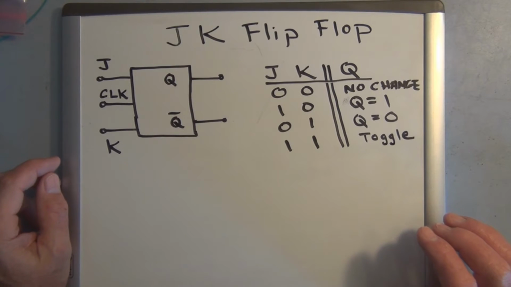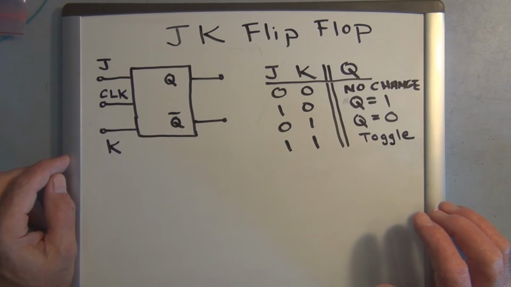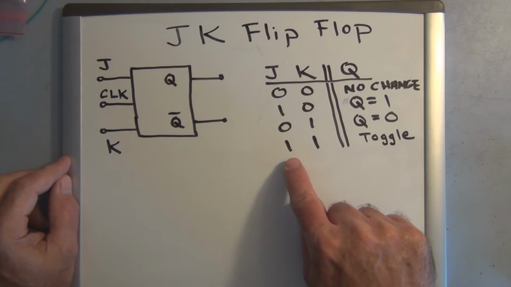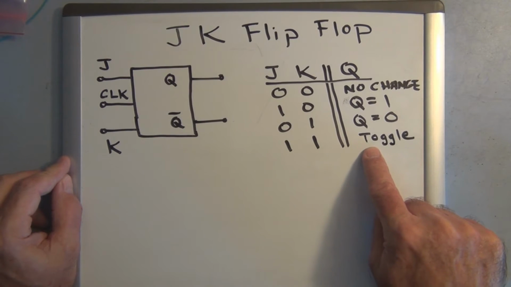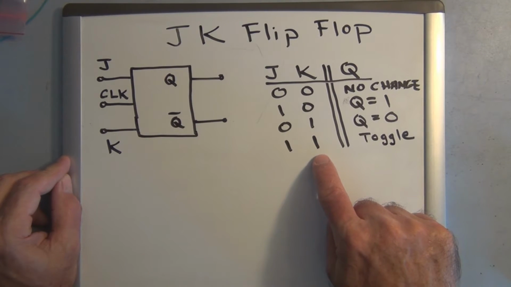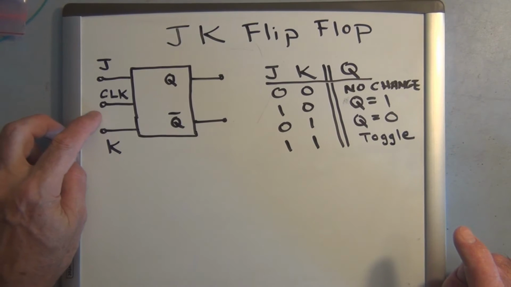So the JK flip-flop is a more versatile flip-flop. It does everything that the set and clear type of flip-flop does, except it does away with the ambiguous condition. It makes use of the condition where if you have both inputs set to 1, you now have a toggle mode of operation. And what this means is that with the J equal to 1 and the K equal to 1, the Q output will toggle to the opposite level that it's currently in on the triggering edge of the clock pulse.